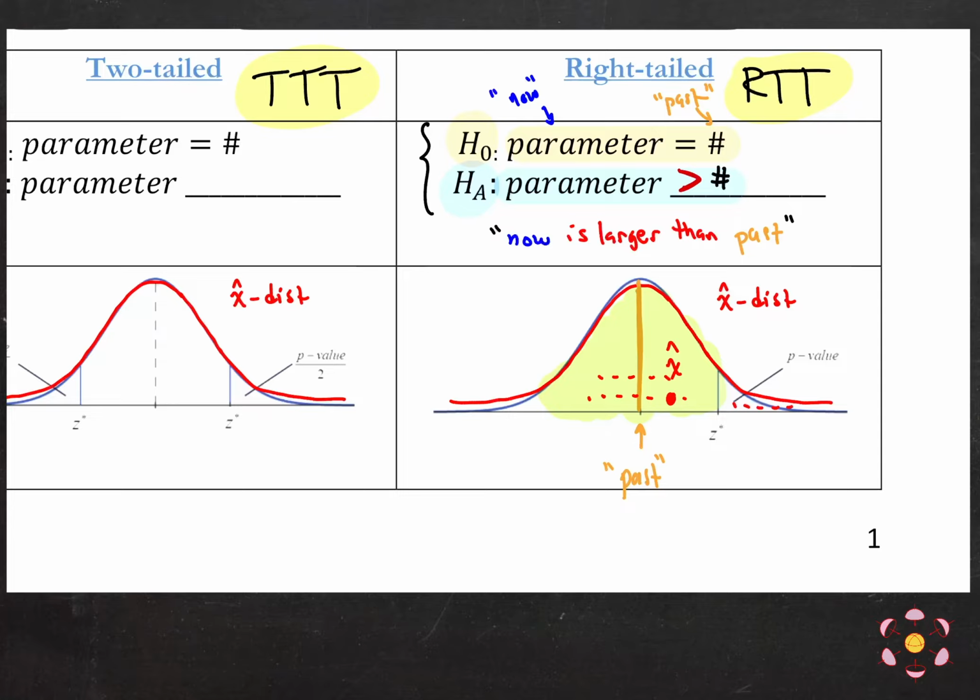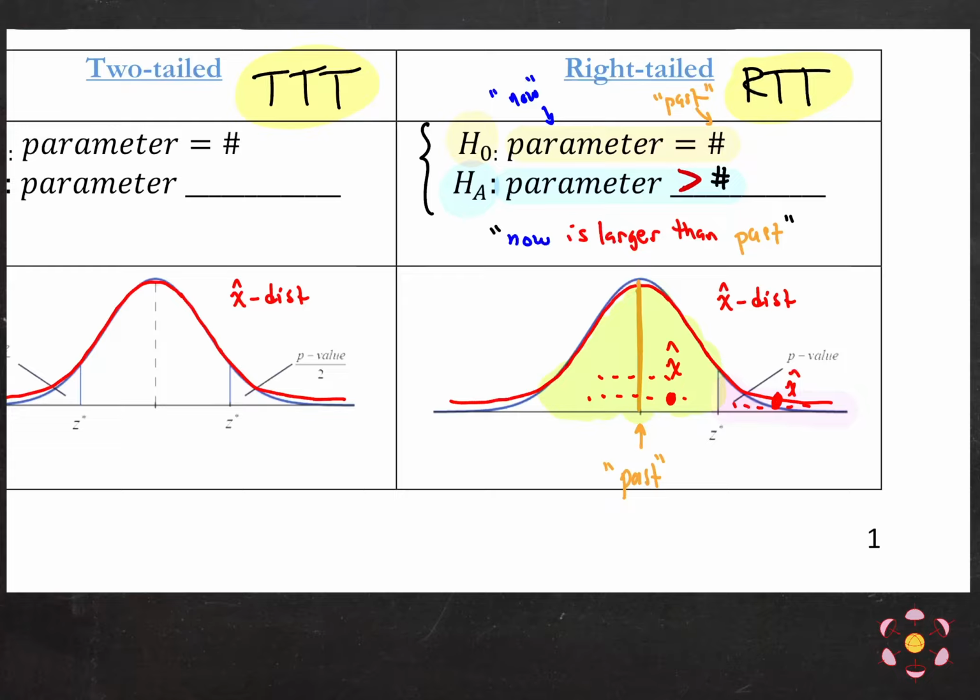Okay, and if the samples are coming from over here, so if this is our x hat, our sample statistic, and it comes from this extreme part of the tail, in this case because we think the thing is now bigger, and our sample is actually bigger than the past one, it's going to come from the right side.